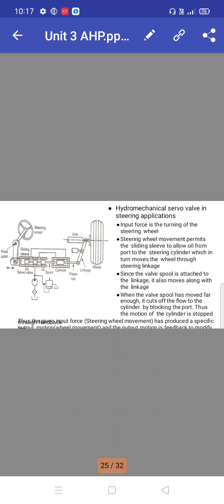Steering wheel movement permits the sliding spool to allow oil from the port to the steering cylinder, which in turn moves the wheel through the steering linkage. Since the valve spool is attached to the linkage, it moves along with the linkage.